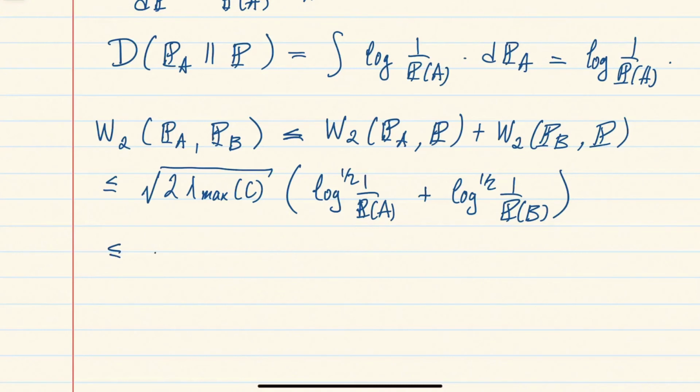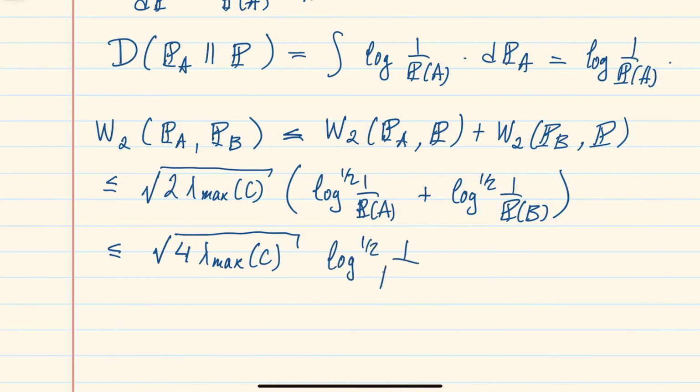So here we can bound it from above by square root of 4 times the largest eigenvalue times the square root of the sum of logs. So this will be just the square root of the log of 1 over P of A times P of B.